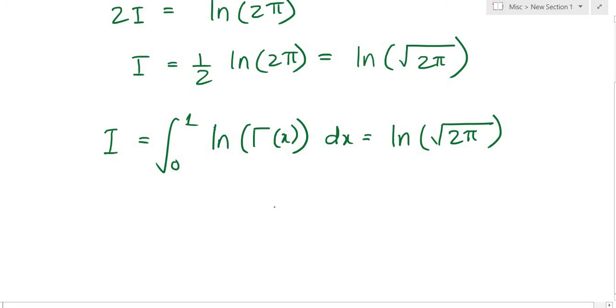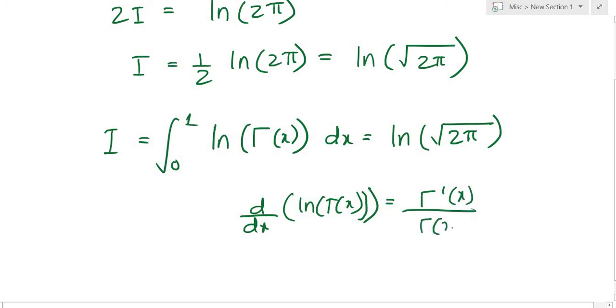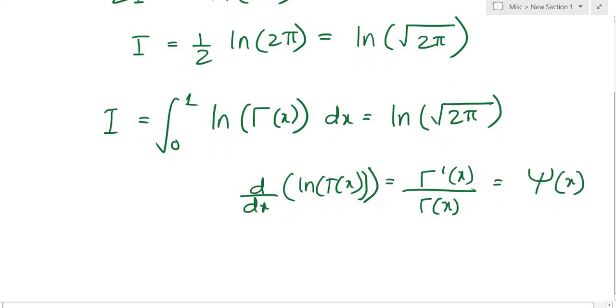And before ending the video, just an interesting fact. The derivative of this integrand, so the derivative of the natural log of gamma of x, is nothing but gamma prime of x over gamma of x. I just use the chain rule here, and that is nothing but the digamma of x.